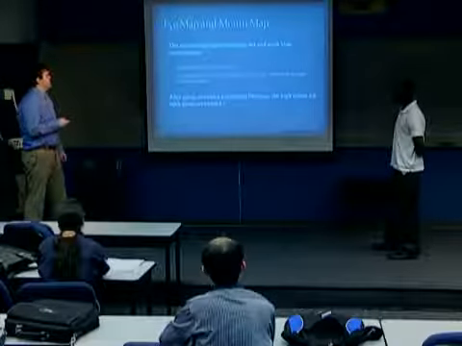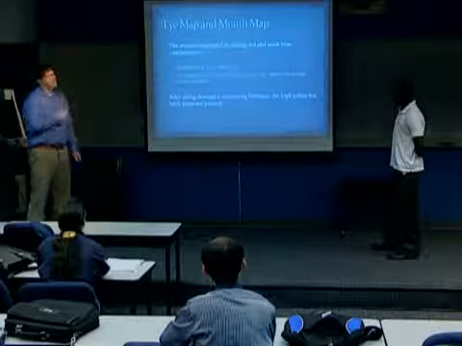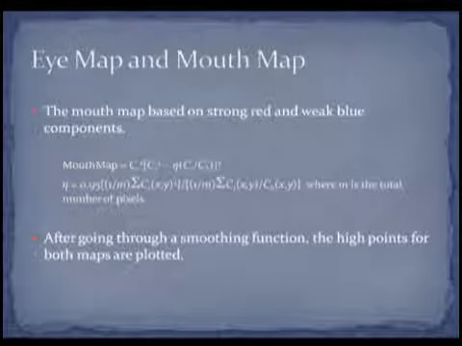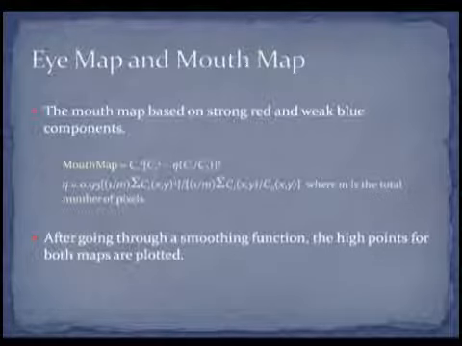This is put into the equation for Cr divided by Cb, subtracted from the Cr squared value. That value is squared and multiplied by, again, the Cr squared value. After going through a smoothing function to smooth the high points, both maps are plotted for the high points.